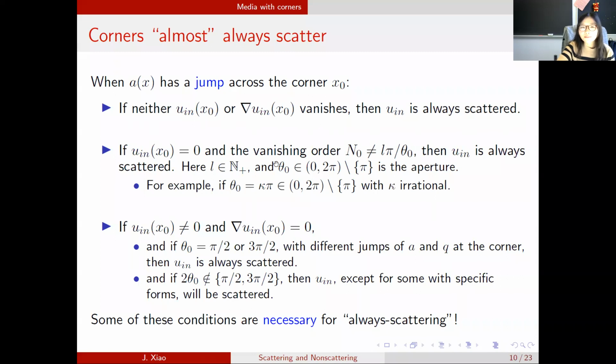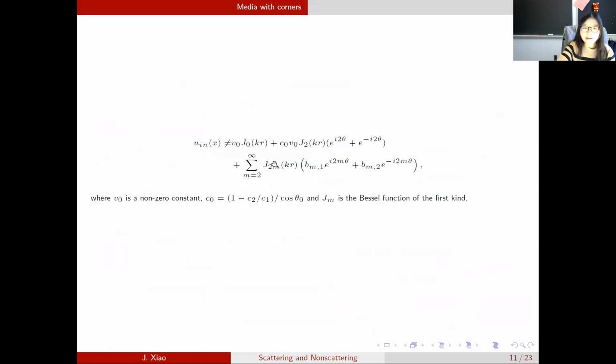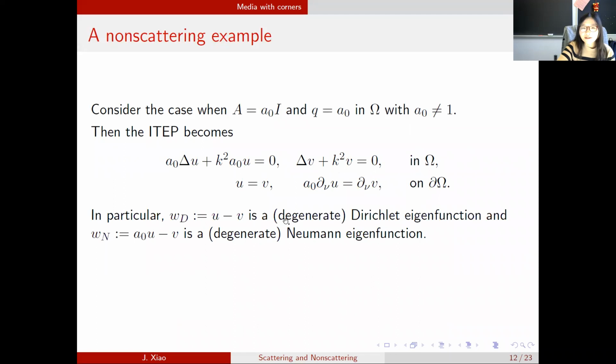funny rational portion of 2 pi also has an explanation if we consider one thing, say one of them is degenerate. Say we consider a degenerate Neumann eigenfunction and a non-degenerate Dirichlet eigenfunction. So the thing is, when we consider a corner, the Dirichlet boundary conditions are satisfied on the two edges of the corner.